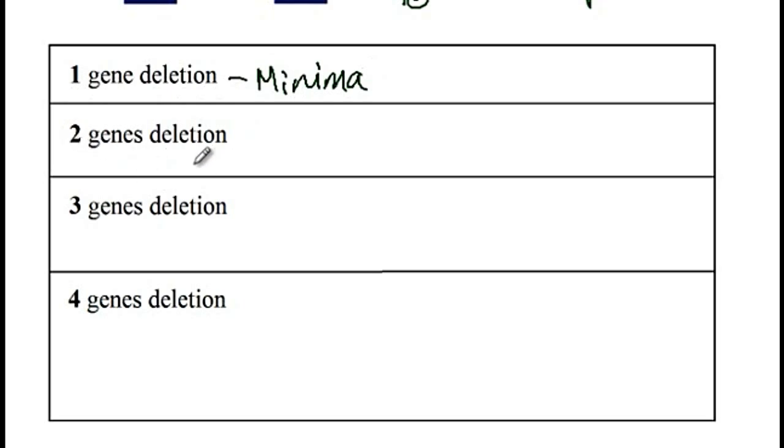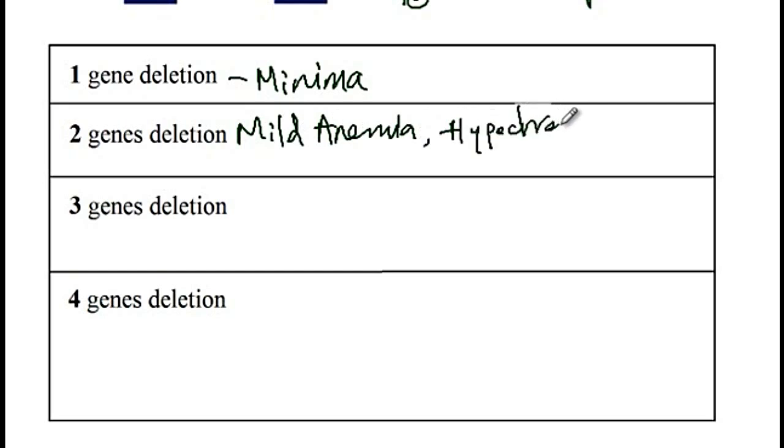If there is, however, 2 gene deletions, then these patients can have mild anemia, and then on histology, you will see hypochromic microcytic cells. So hypochromic means that the red blood cells are pale, and microcytic means that they are small. And then in addition, there are target cell-shaped red blood cells that you will see with 2 gene deletions.